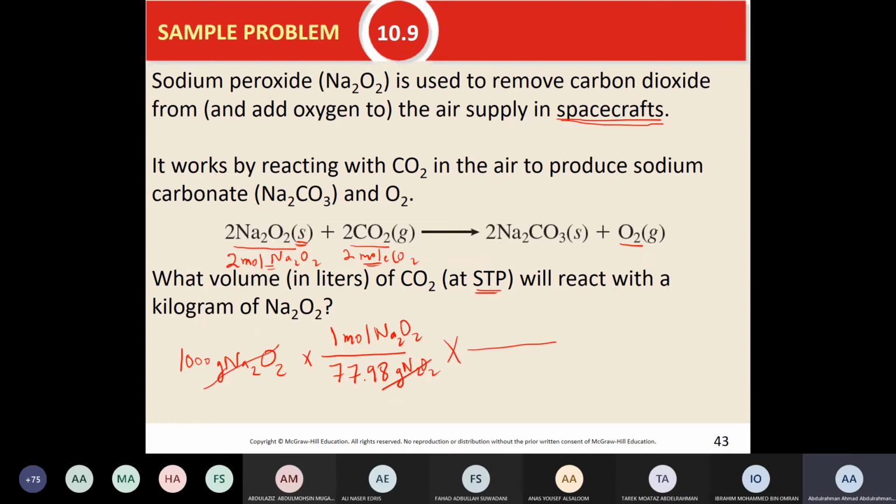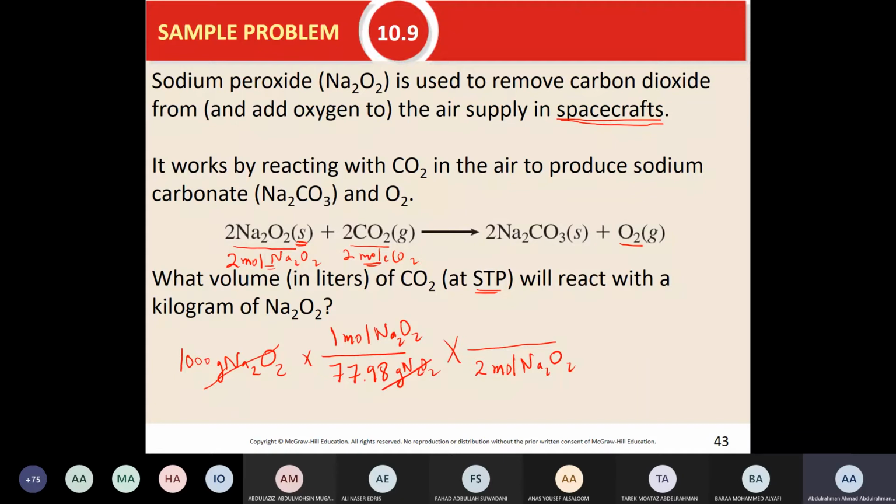Now, the mole. How many moles will be with what mole? 2 moles. 12.82. Yeah, good. But at this time, I want to get rid also of the 2 mole Na2O2.